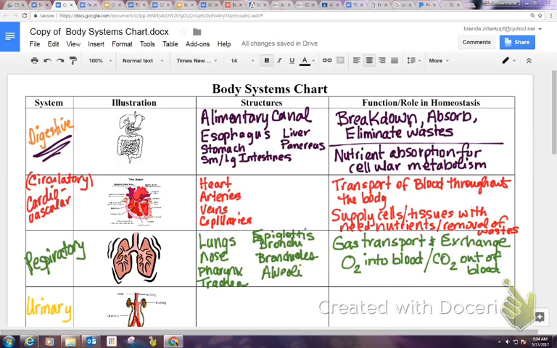As a little bit of a preview for our urinary system, what are the main organs of the urinary system? Kidneys. And then the tubes that lead down from the kidneys are the ureters. Then we have the urinary bladder.